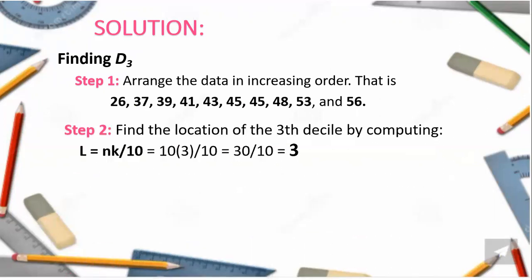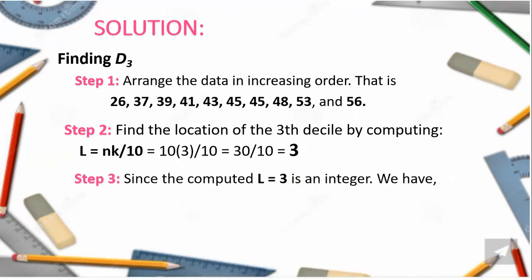Second step, we find the location of the third decile by computing L. Note that the formula for L for decile is nk divided by 10. Our n, the number of observations, is 10, and our k is 3, since we are looking for the third decile. So 30 divided by 10, and the result is 3.